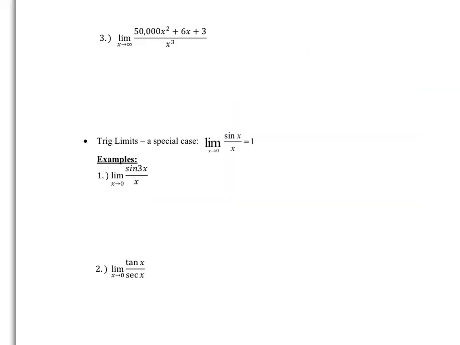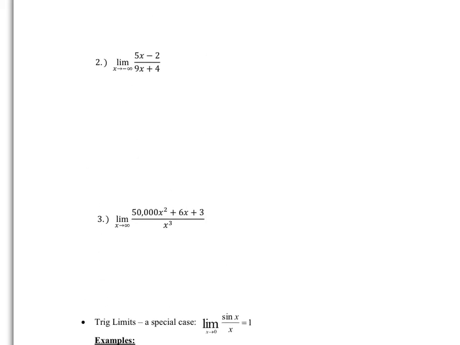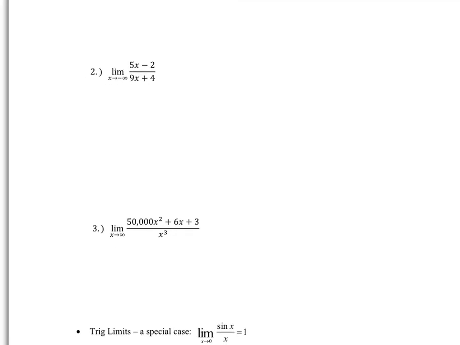A couple more examples. Let's take a look at an example here. First of all, notice that x is approaching negative infinity. If we look at our most dominant powers, we have 5x squared and 9x. The powers for each of these are 1. So what that tells us is that we have equal powers.